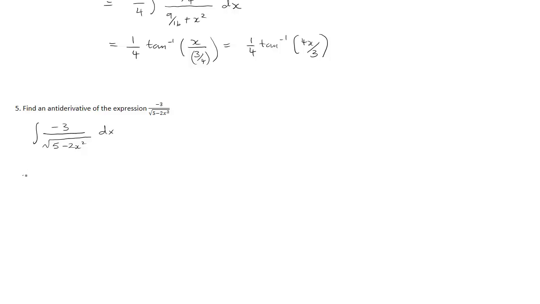We need to take the 3 out. And it would also be useful to remove this 2 from in front of the x squared. So as I remove that 2, I have to divide each of these terms in there by 2. So I've got 5 over 2, take away x squared.